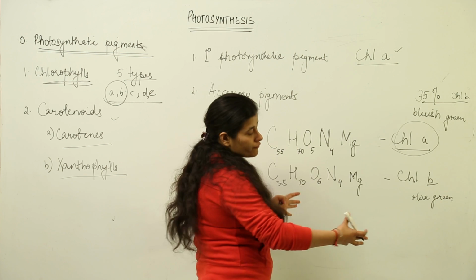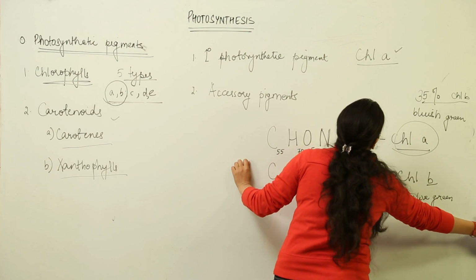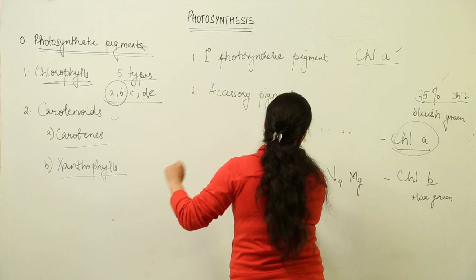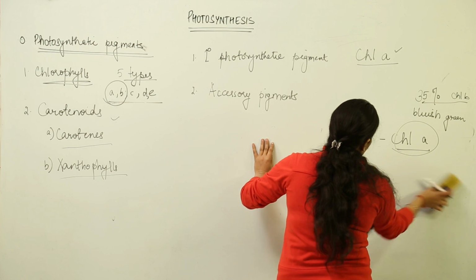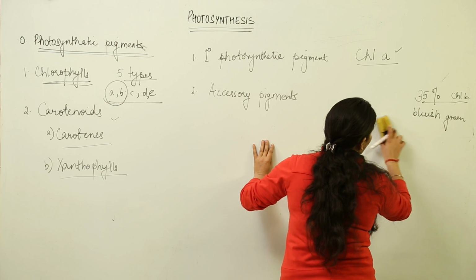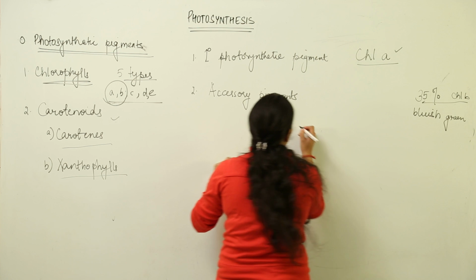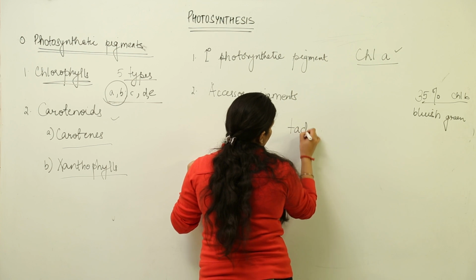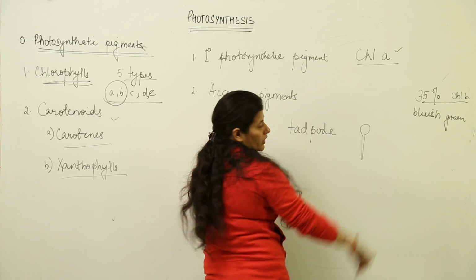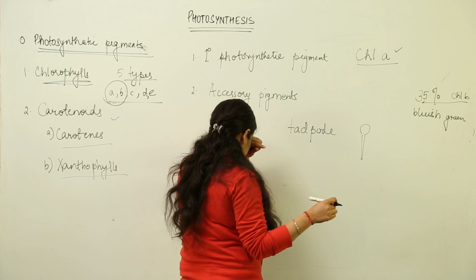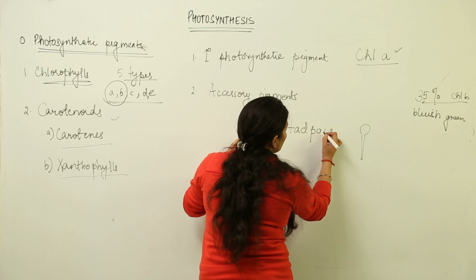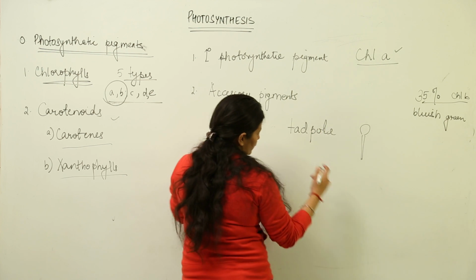Now, the structure of both chlorophyll A and chlorophyll B would almost be similar, where you have to keep in mind that chlorophyll has a tadpole-like structure. A tadpole has a head and a long tail. You don't have to get into the details of the structure.